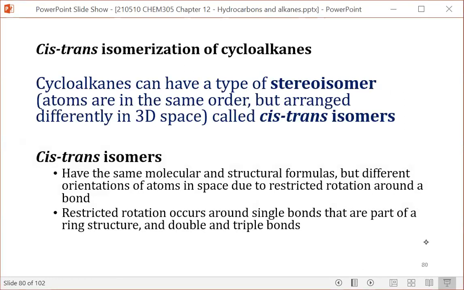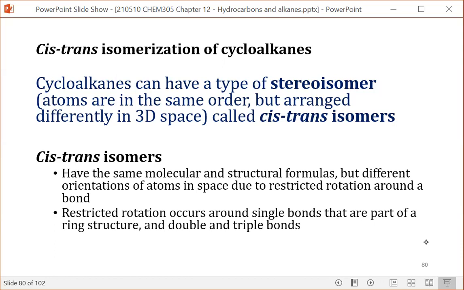There's also what are called stereoisomers for cycloalkanes. And a stereoisomer is an isomer that has atoms in the same order. So the atoms are connected in the same order, but they're arranged differently just in 3-dimensional space. So compounds that are cis-trans isomers, a type of stereoisomer, oftentimes when we draw them on paper in 2-dimensional space, they may look identical.